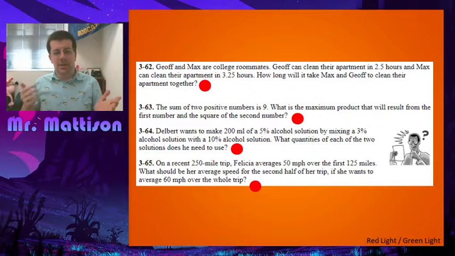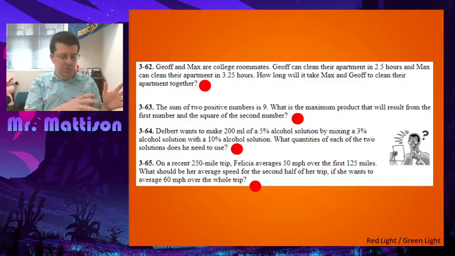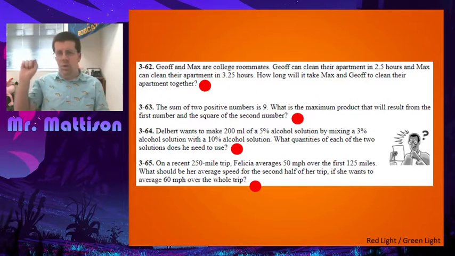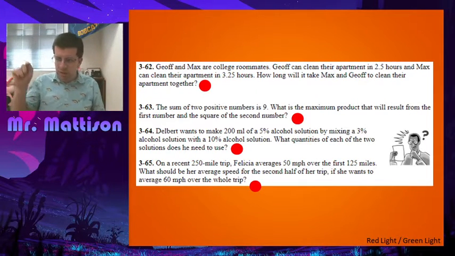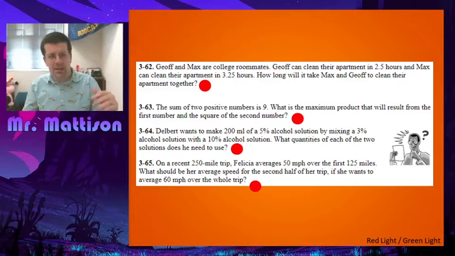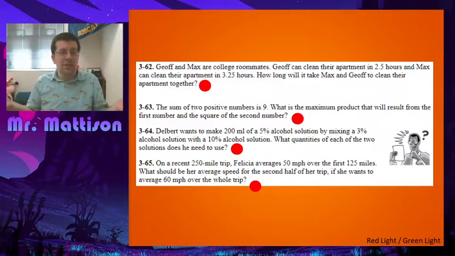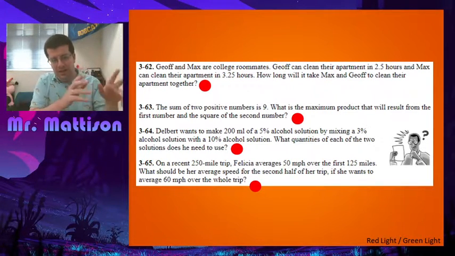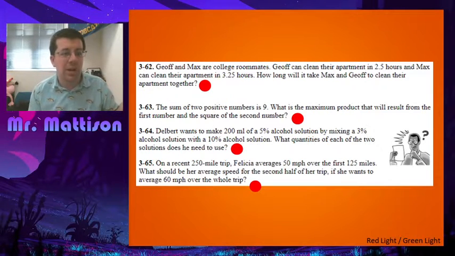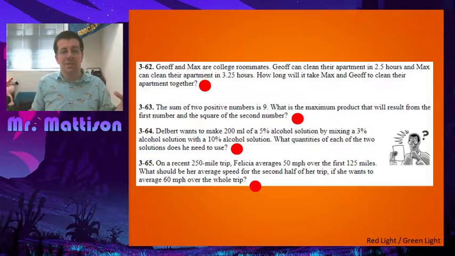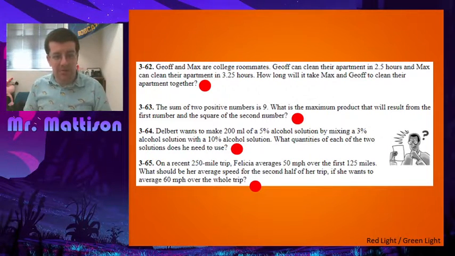Now they don't sell alcohol solutions in every possible percentage, like 1%, 2%, 1.73%, because that's a waste, right? So they'll sell it in like 3, 10, 5, and whatever it is, right? So oftentimes you need to mix to get your own. So that's why you're going to see that kind of context for most of these types of problems.